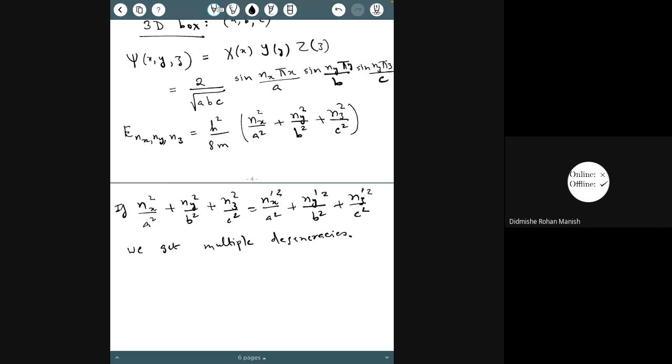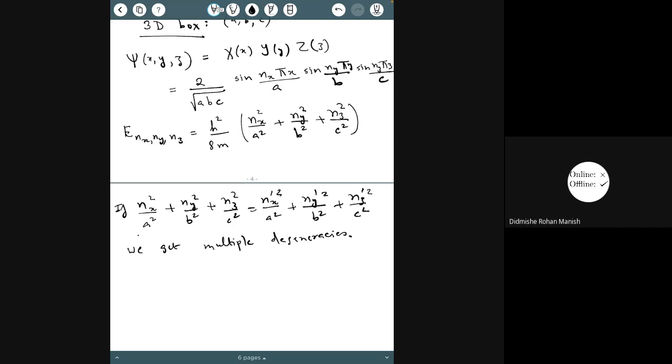So then if it's a cube, you can take a squared equal to b squared equal to c squared. Then you have to just find out sets of numbers where the sum of the squares are equal, like different numbers. And also repeating numbers give you different wave functions.